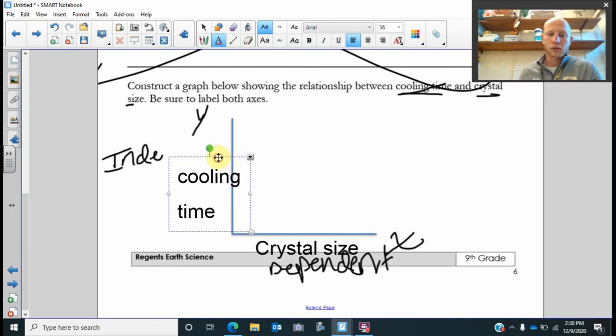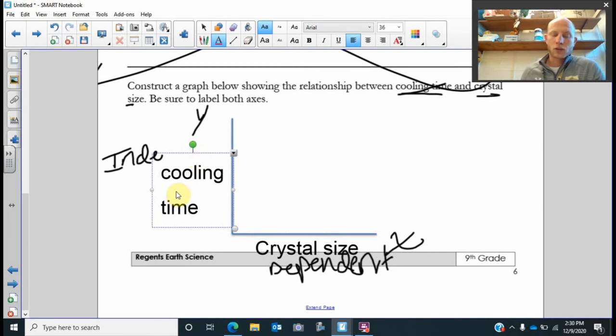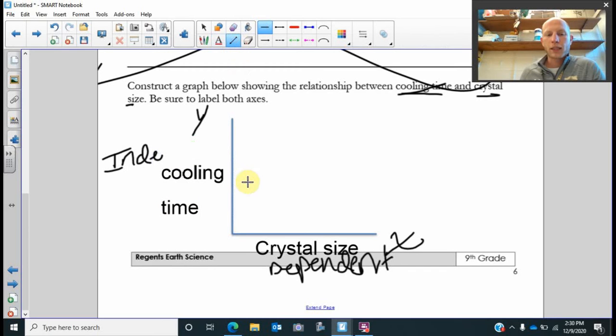So cooling time, crystal size. Time doesn't change for anybody. Time goes on no matter what. And then what's our graph going to look like? What's our trend of this graph? As time increases, crystal size also increases. Therefore, our graph would have this kind of positive trend to it.